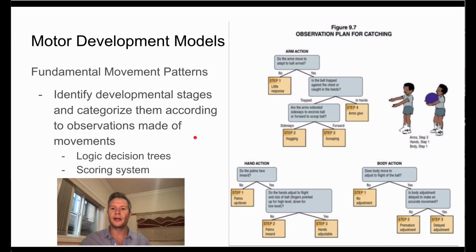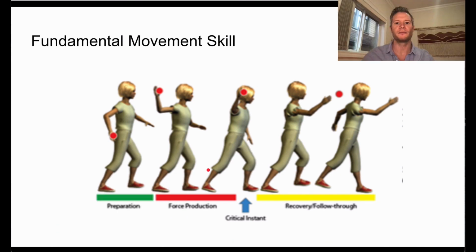Okay, so what do I mean by that? Well, for example, if we know children catch in a certain order where their palms will be up or they'll face inward to catch things, we can say that that's a step 1 or 2 based off of where they're at. So it gives us this hierarchical and stepwise framework to move from.